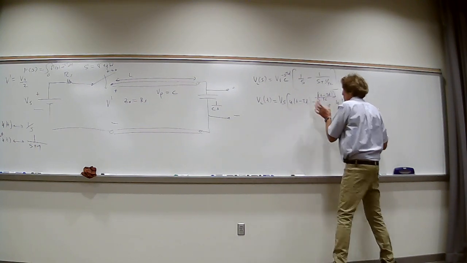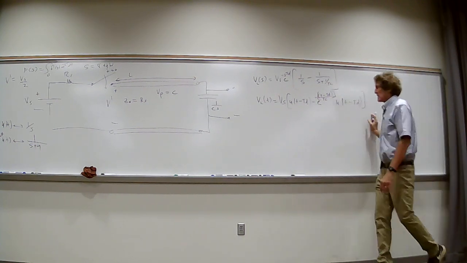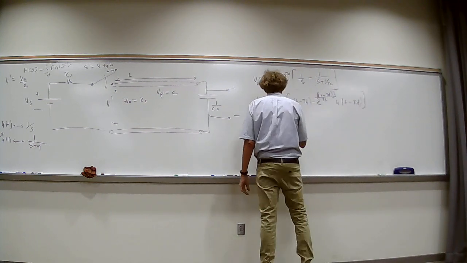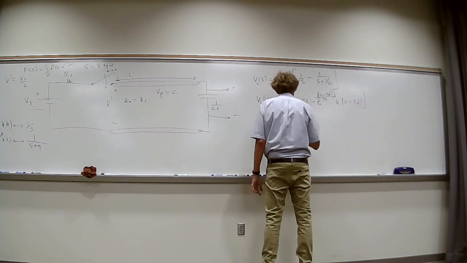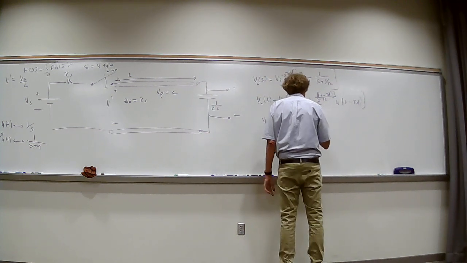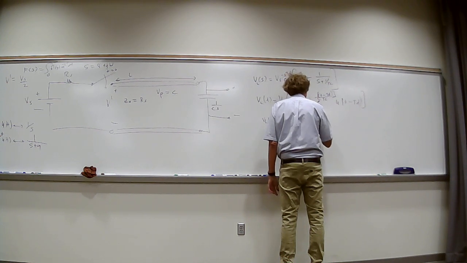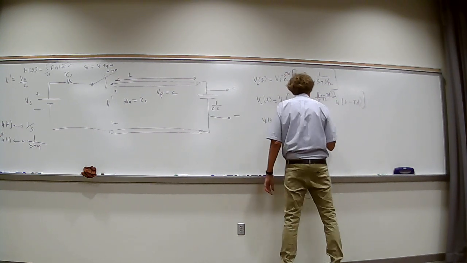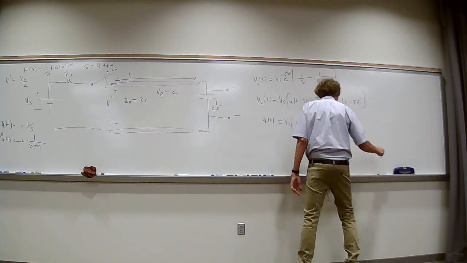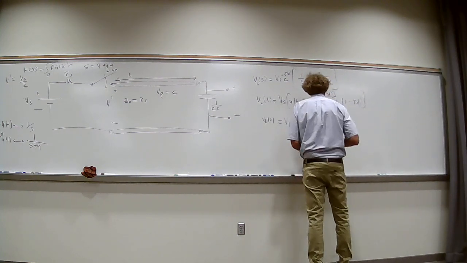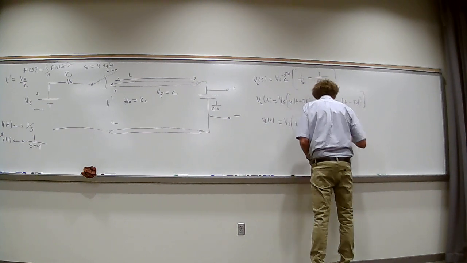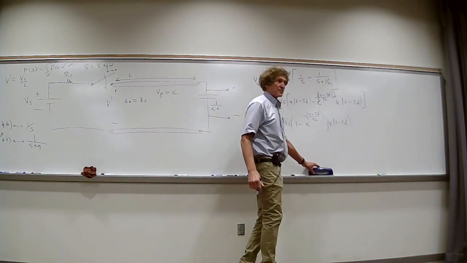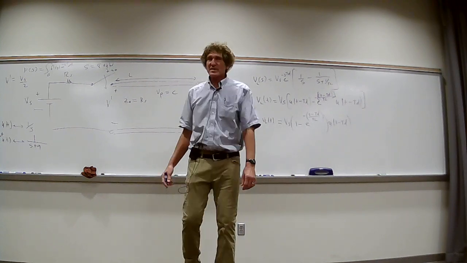Now I can take the u of t minus TD outside of that, and if you look at this, it becomes simply Vs here, and it's going to be 1 minus e to the minus quantity t minus the time delay over the time constant, and then the whole thing is times u of t minus TD. Are you with me on this, class? That's the solution. What does that look like?